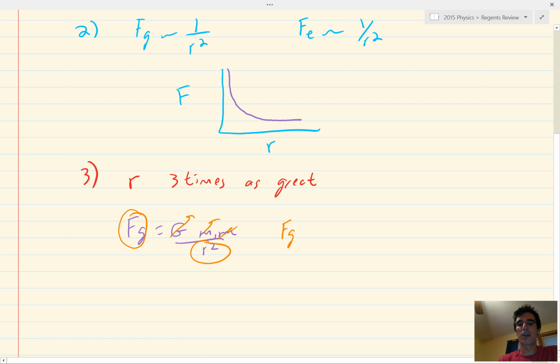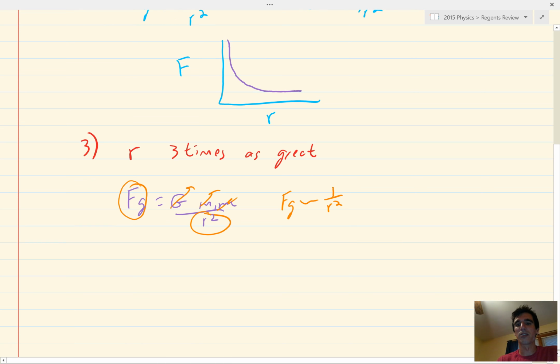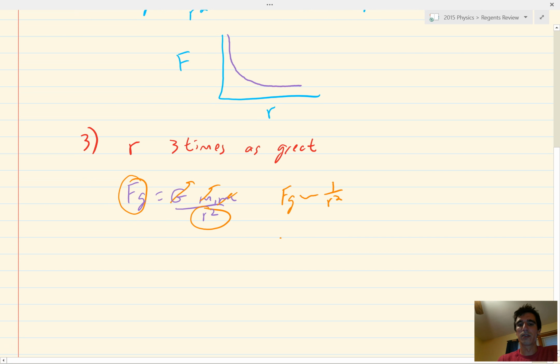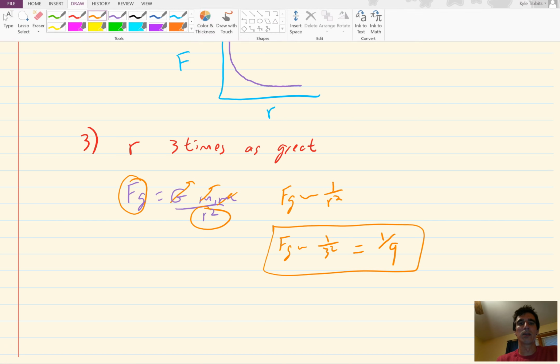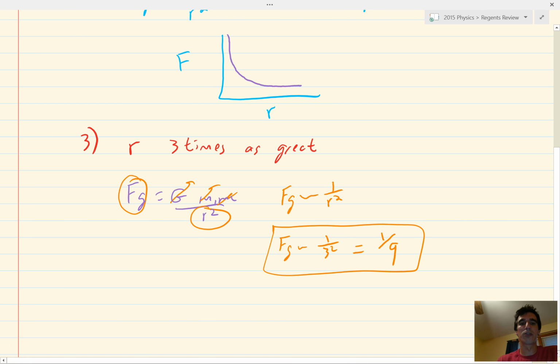So just like before, Fg is proportional to 1 over r squared. In this case, r is 3. So it's proportional to 1 over 3 squared, which is 1/9. So the force of gravity would weaken by 1/9 when the objects are 3 times as far away from each other.